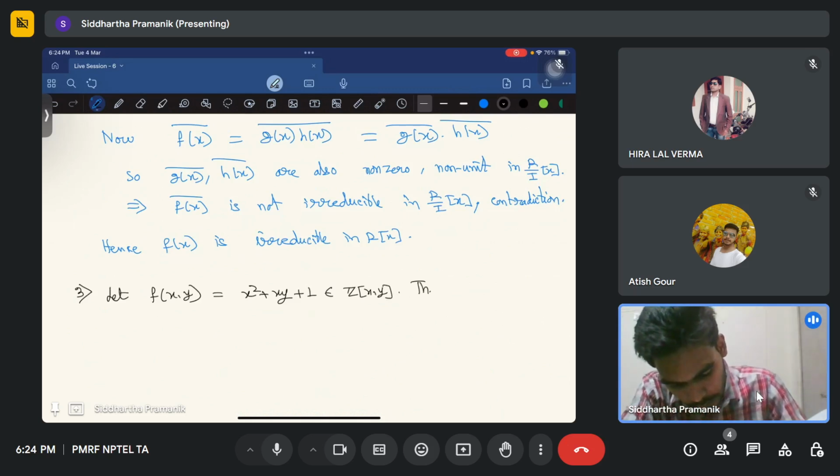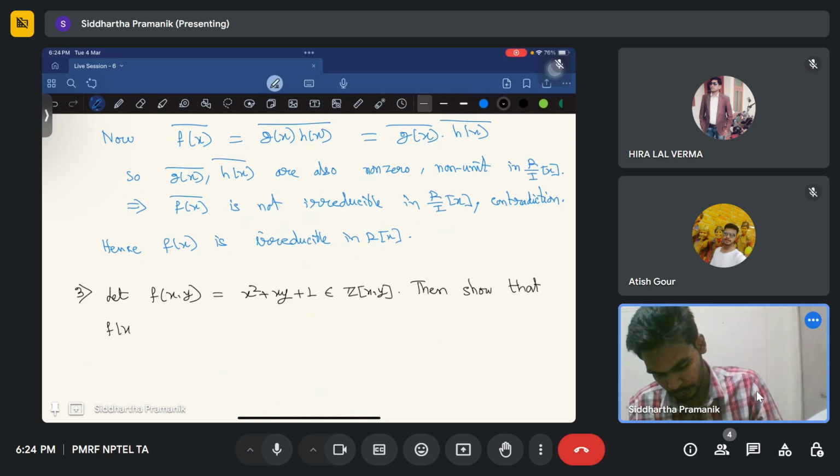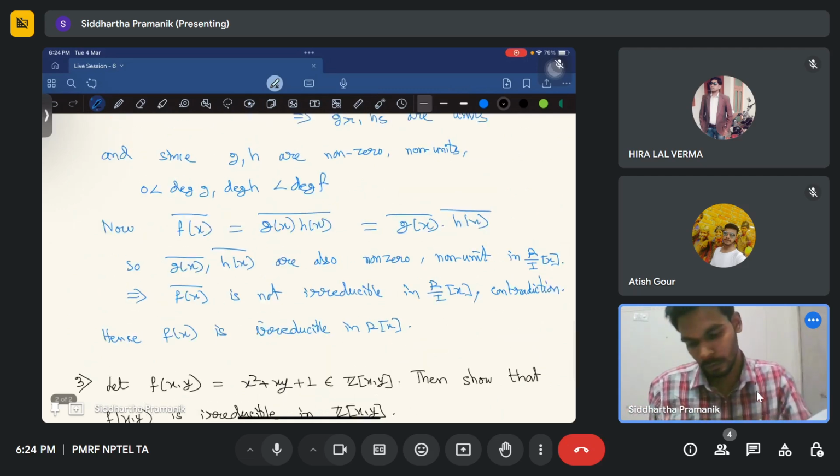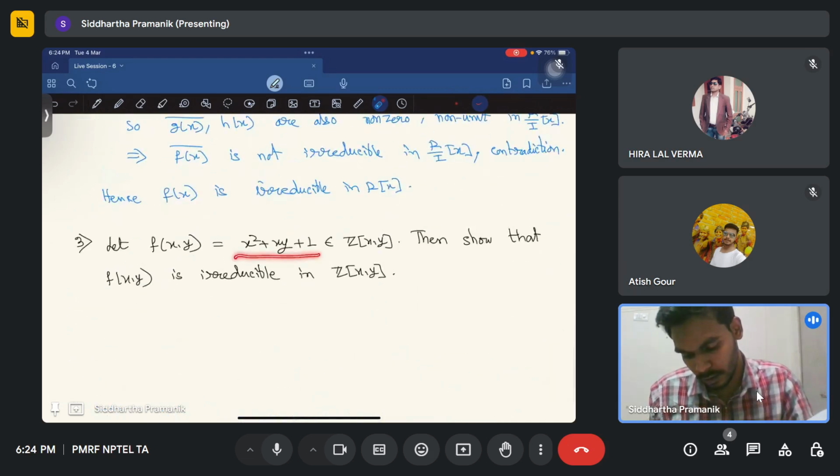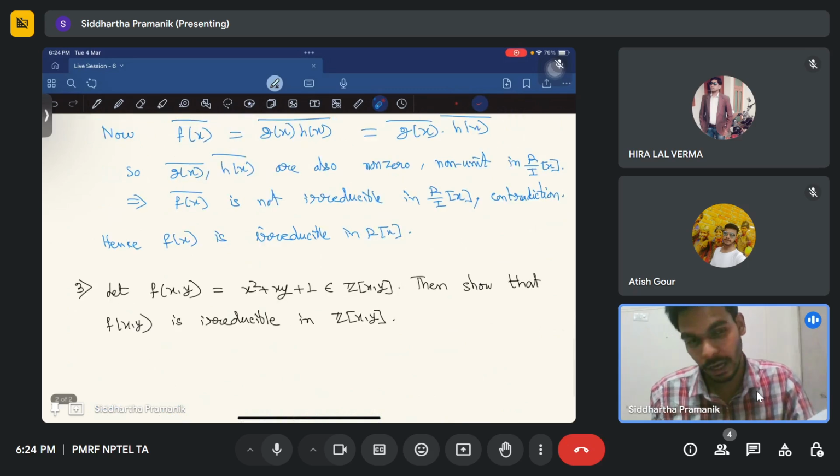Then f(x,y) is an irreducible element in the ring Z[x,y]. Observe that in the previous theorem we talked about just a polynomial ring in one variable, and this problem is about a polynomial ring in two variables, and I want to use the earlier result. So how to use this? Just think for a few seconds.